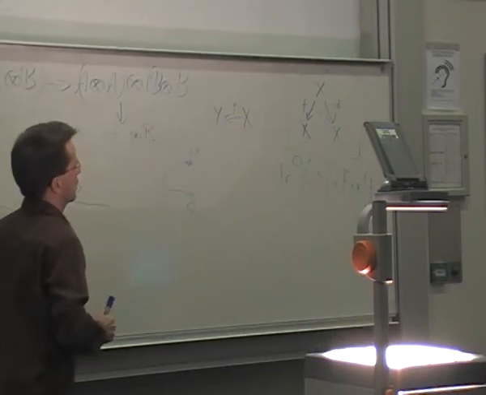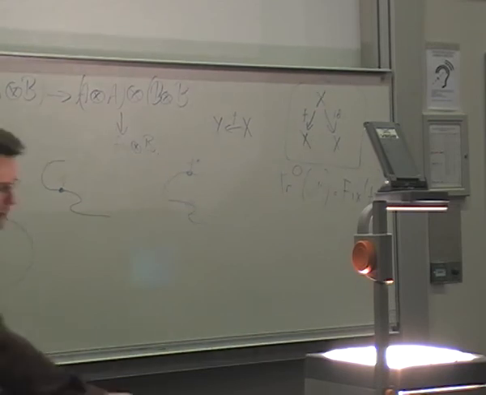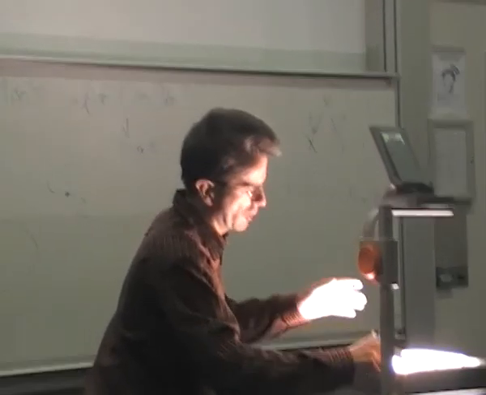So the trace of a map between sets is just the set of fixed points. That's a nice trace-like notion. Anyway, so we've got two things which are sets.